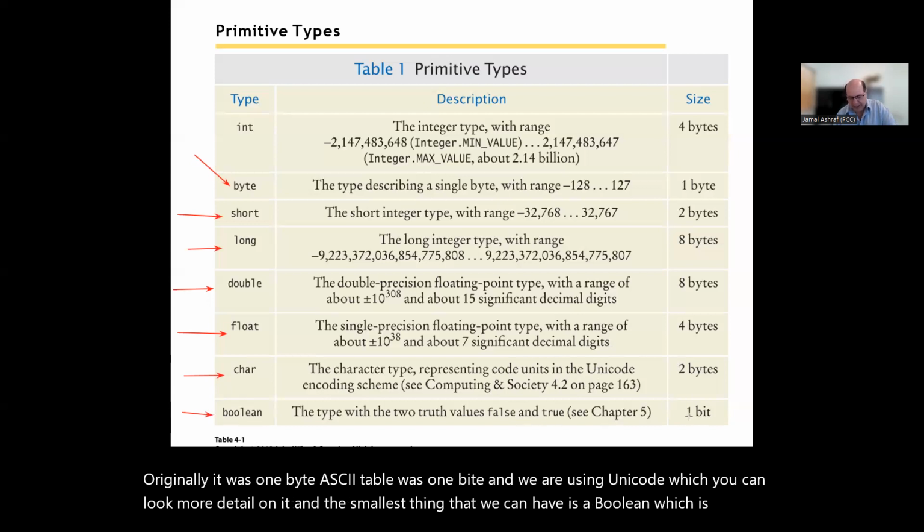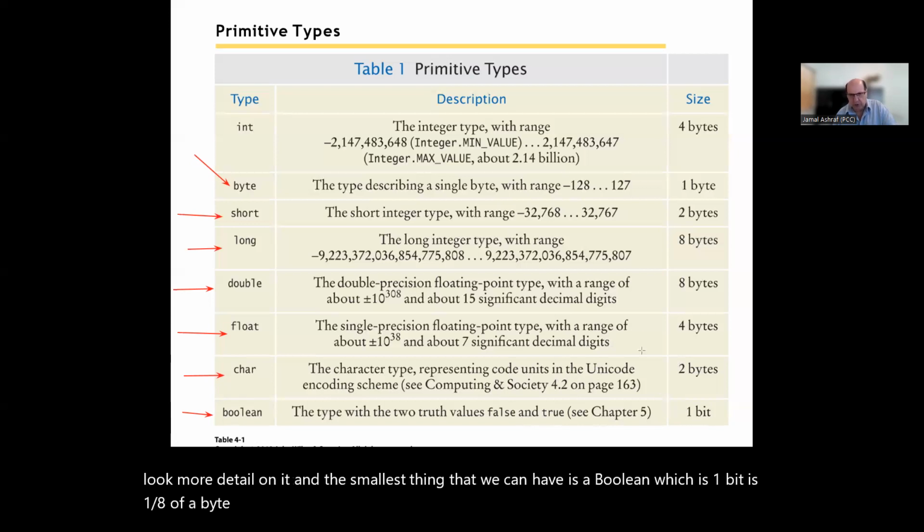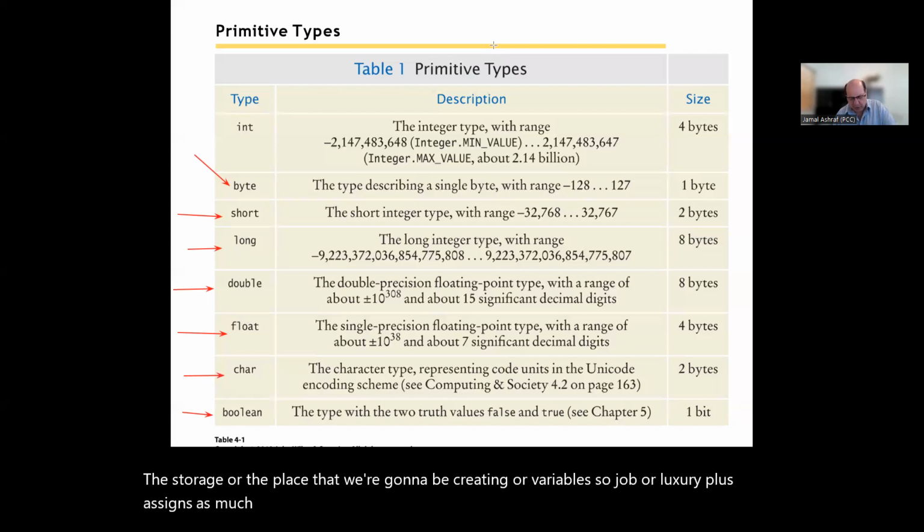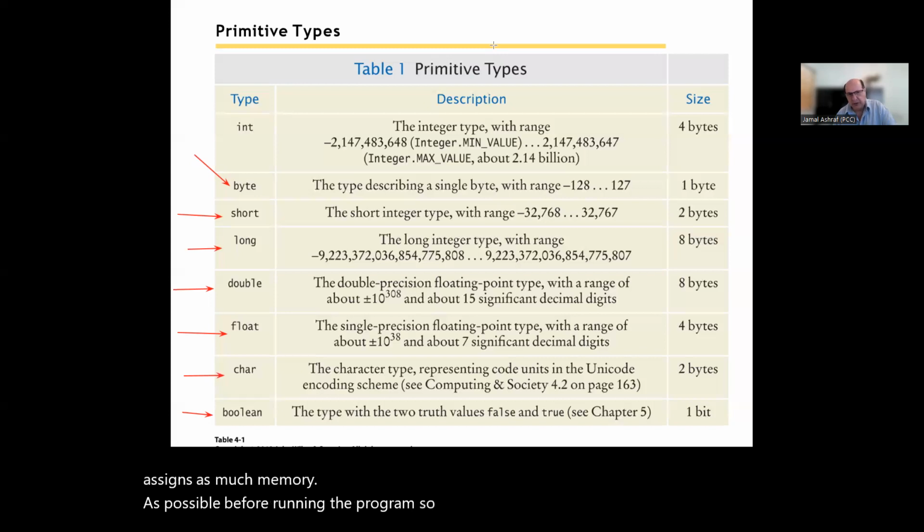It's 1/8 of a byte. So just very, very small, if we are concerned about the storage or the place where we're going to be creating our variables. Java, like C++, assigns as much memory as possible before running the program. So it does calculate all of these things.